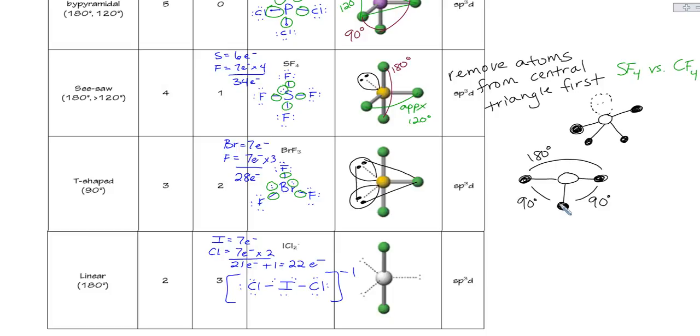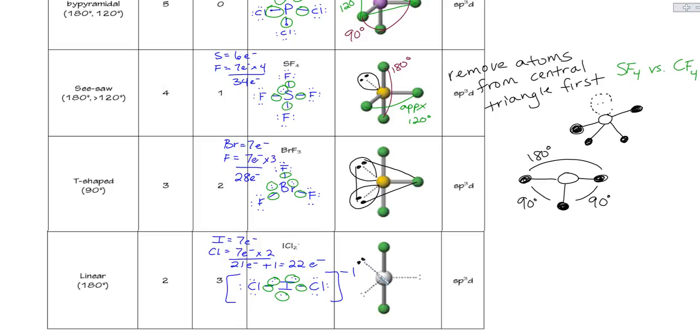So any electrons that are extra go on the iodine. So iodine ends up with 5 electron regions. There's 2 bonding regions, and the other 3 are lone pairs. So essentially what we've done to the structure is remove all the atoms from that central triangle.